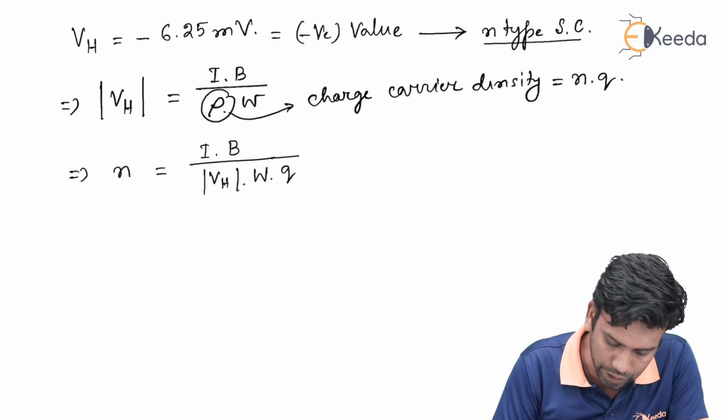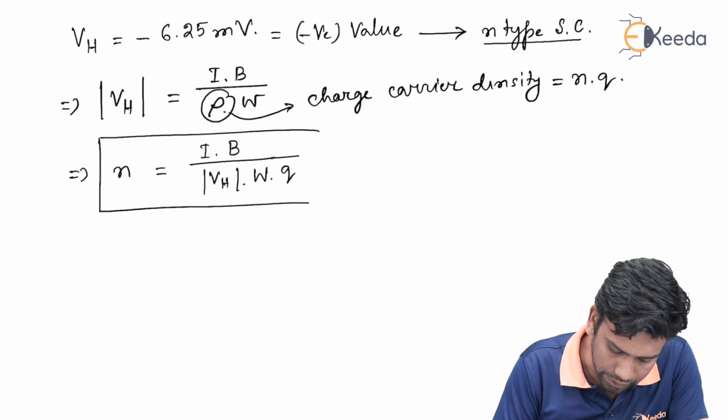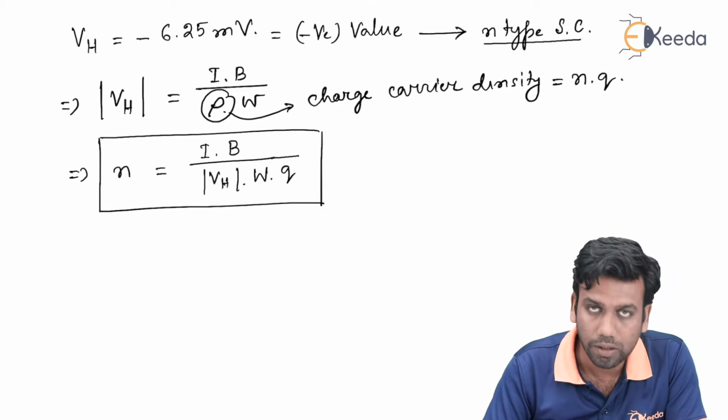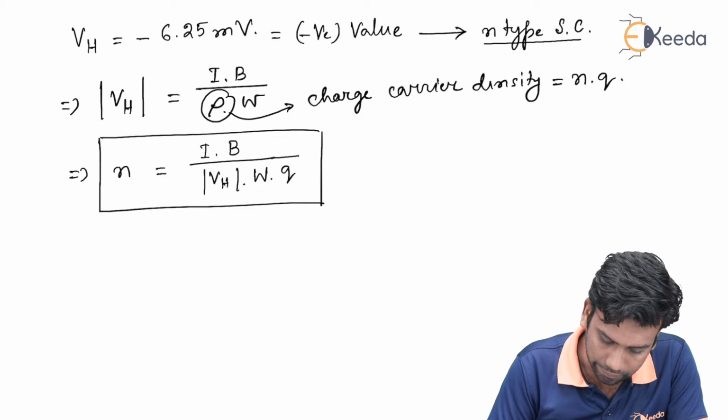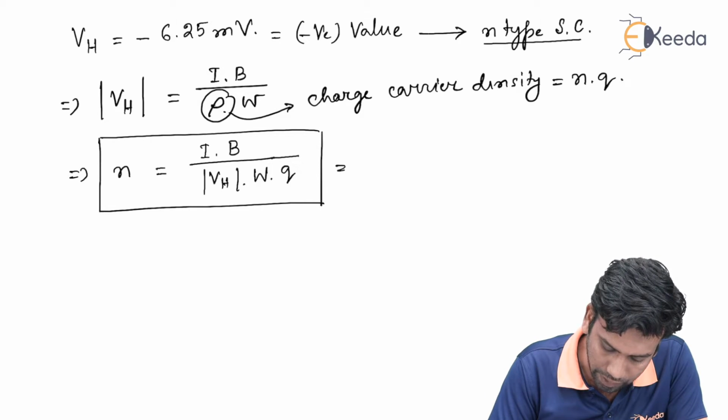So this is the equation that will give the concentration of electrons of the given sample in the numerical, and the value of the current is 1 milliampere.